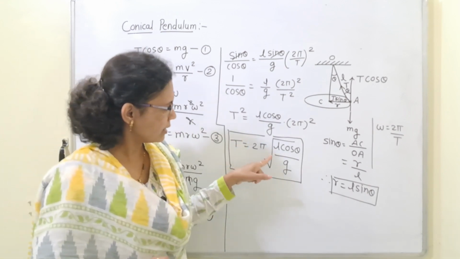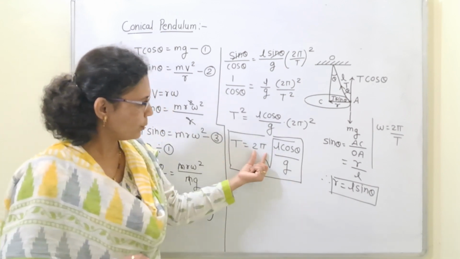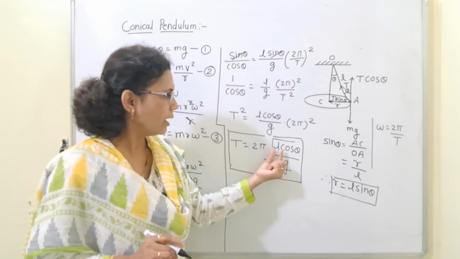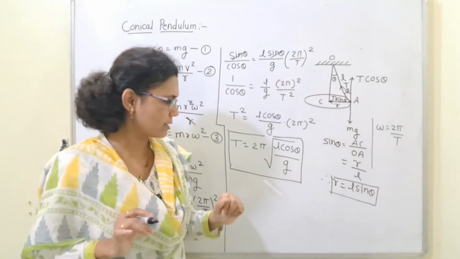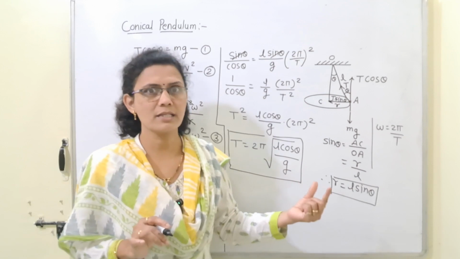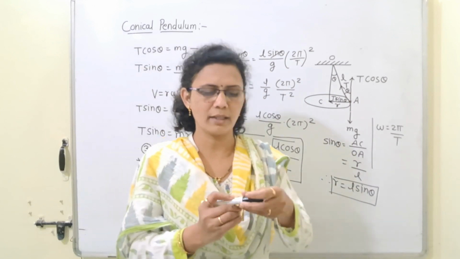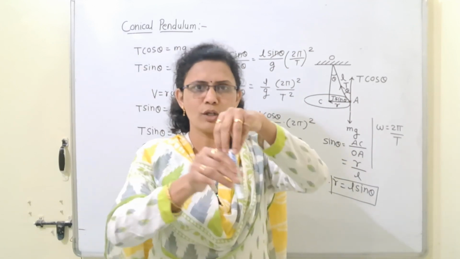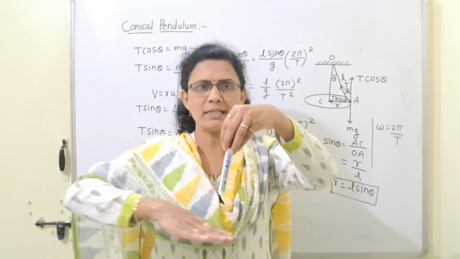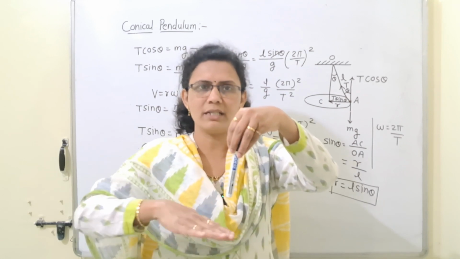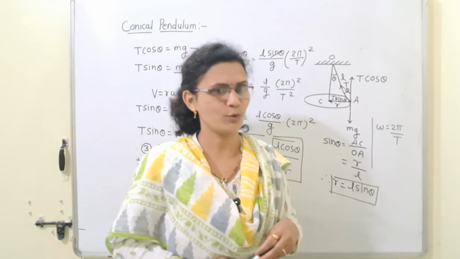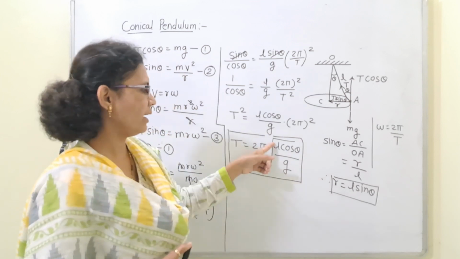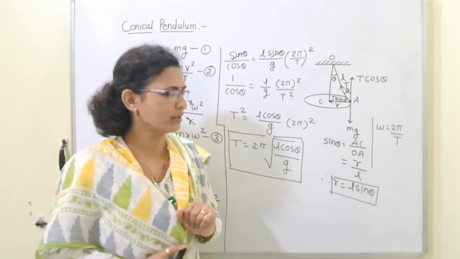Again, if you see this formula, this 2 pi is constant. The length of the pendulum is also constant. And G is also constant, because we are making the horizontal circular motion, means this plane is the same, this height or this level is the same. Therefore G is not going to change, means 2 pi, L and G are constant quantities.